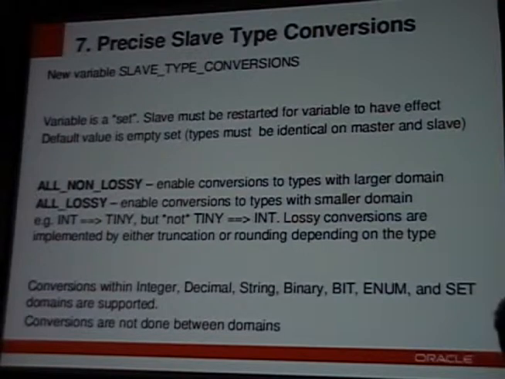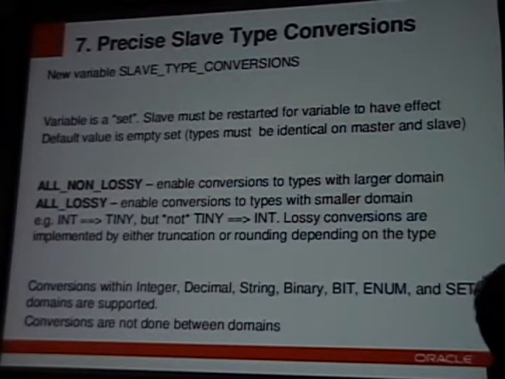Basically, when you are replicating between two columns with different types, it first checks the column types. If you have lossy enabled, you are allowing replication from a larger column type to a smaller column, and it ignores the value. Then when the value comes, that is handled. If you have a conversion, then you can have rounding basically.